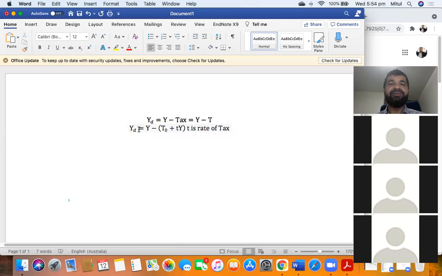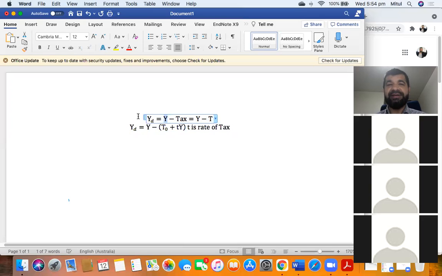This money will be used for consumption, the way we want to spend, and we'll also be making some savings out of this amount. So your total gross income, then you pay the tax, and the rest of the amount is your Y_D.